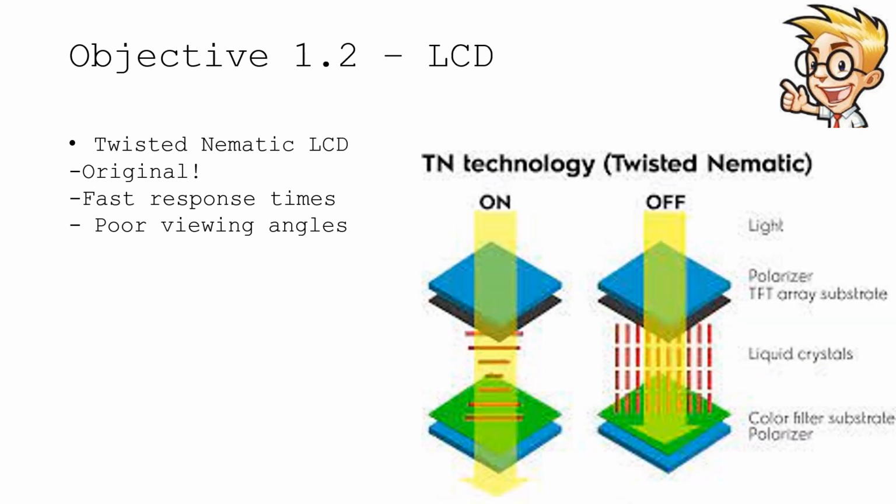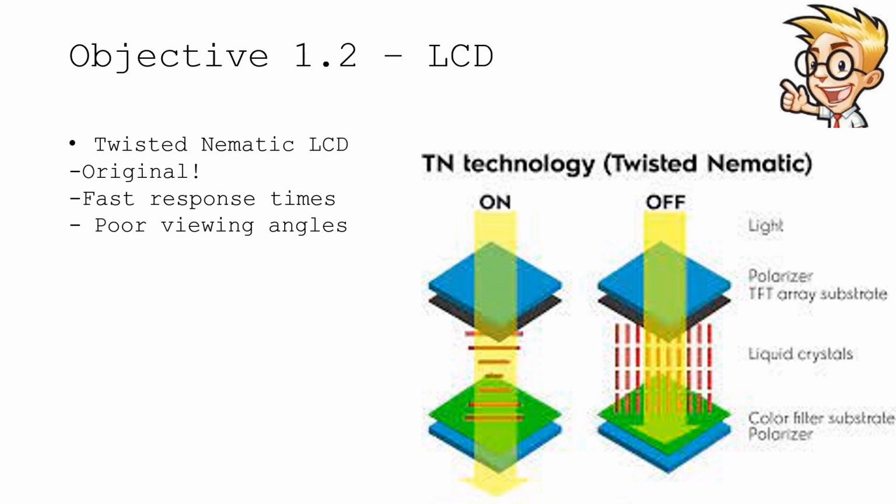There are different technologies of liquid crystal display that you need to be aware of. One is the TN LCD. This is a twisted nematic LCD, which gives us very good response times. If you're a gamer or if you're using some application that has fast-moving graphics, this may be the display type for you.